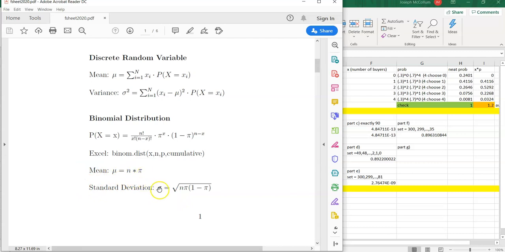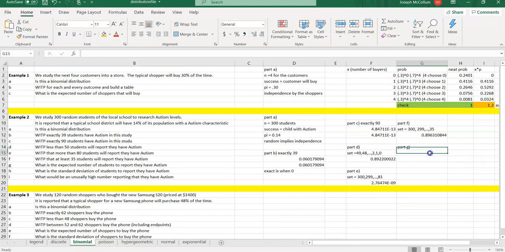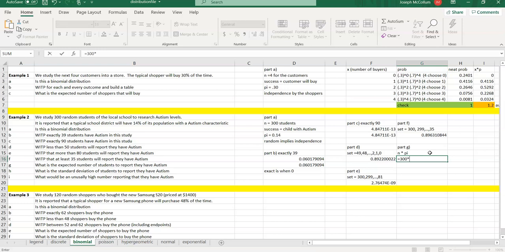You just need n and pi. So the mean is just n times pi. Think about it: 300 kids were studying, and there's a 14% chance each time, so you just multiply the two. And there you go. I would think on average 42 kids per school district.